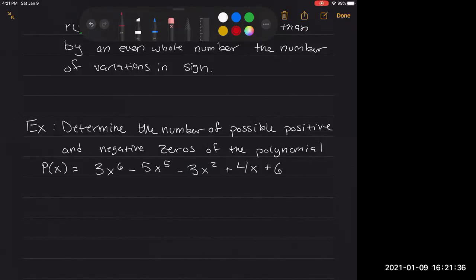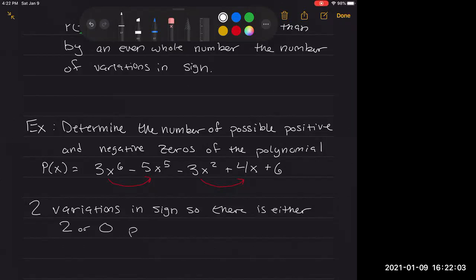We have a variation in sign here, and then we have a variation in sign here. So we have two variations of sign. So there is either 2 or 0 positive zeros.